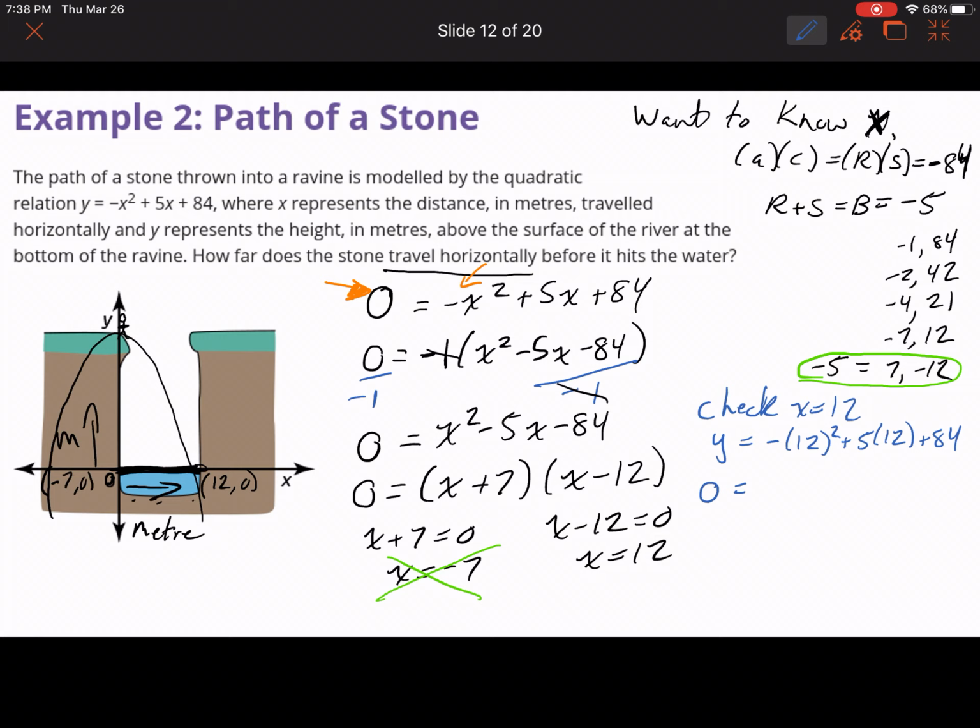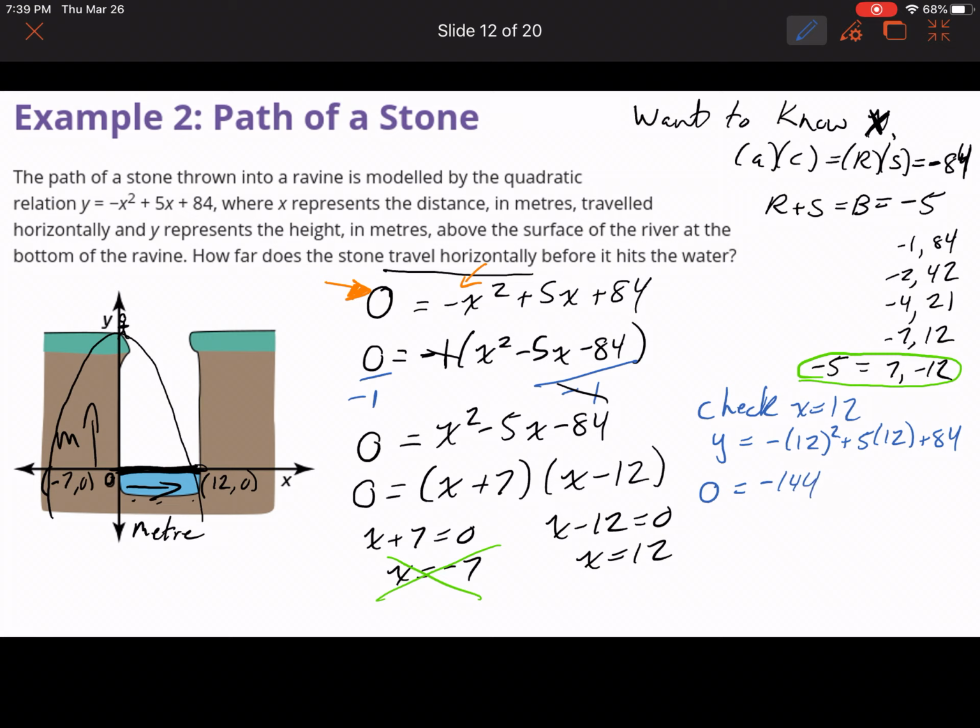So I've just filled in the x with the 12. So the minus has to be in front of the bracket because the minus and the x are separate. So we need to make sure that that is outside the bracket so that it doesn't change our answer.